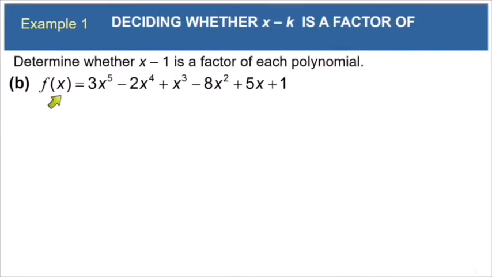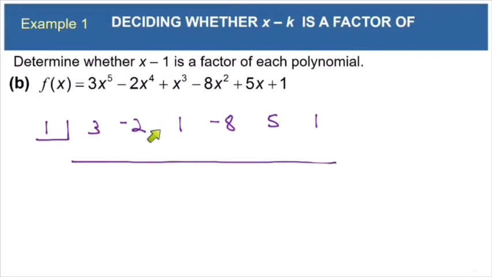Now let's find out whether x minus 1 is a factor of this polynomial. So again, we'll put the 1 in the box, and we'll copy all of our coefficients here. And let's go through the synthetic division. So pull down the 3, then multiply, add, multiply 1 times 1 and add, multiply 1 times 2 and add, multiply 1 times negative 6 and add, multiply 1 times negative 1 and add.